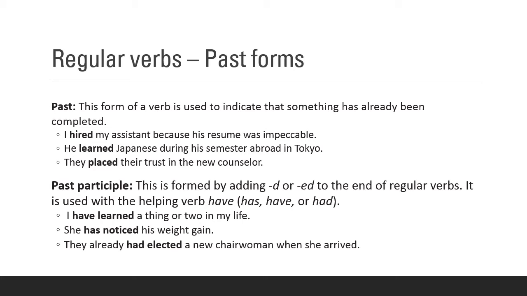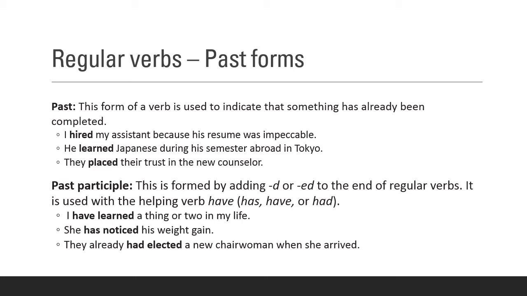Now has and have, helping verbs, they indicate the tense, that is, it's present, whereas had tells us that the time is in past. So have learned and has noticed talk about present perfect tenses, whereas had elected talks about past perfect tenses.